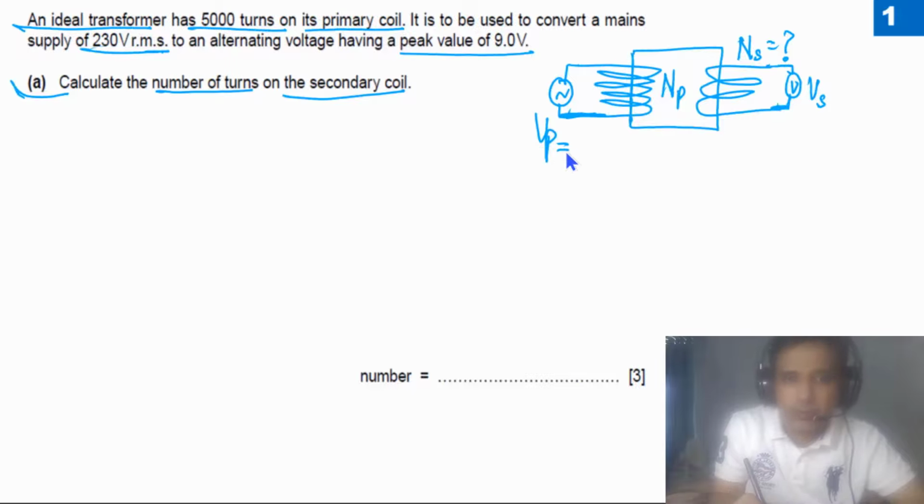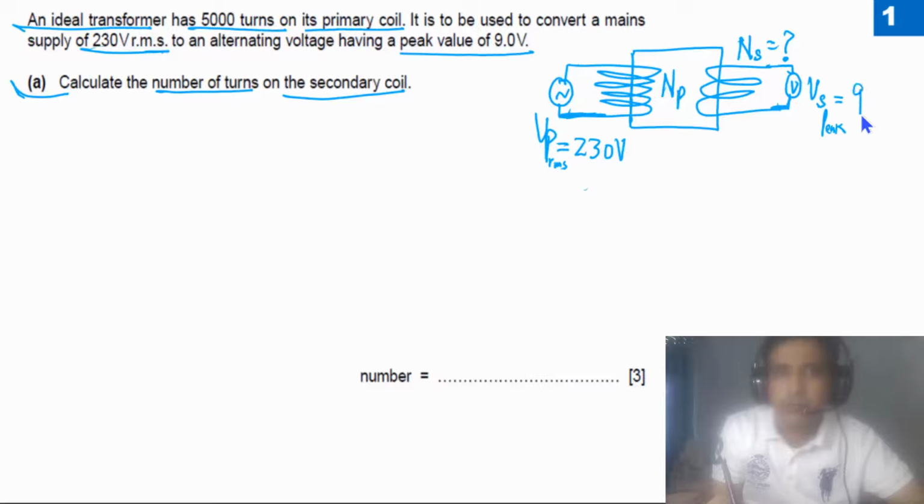Primary voltage is given to us, and this is the RMS value: 230 volts. And Vs is given to us as the peak value, and this is equal to 9 volts. The number of turns on the primary coil is equal to 5000 turns.